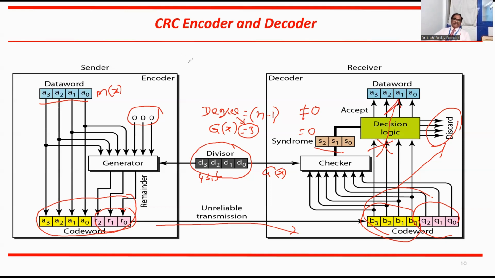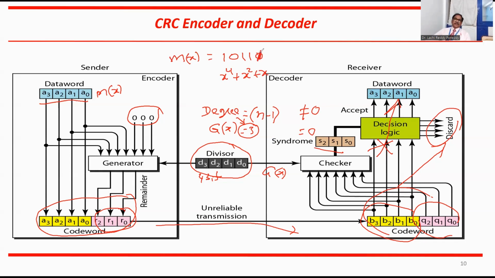Now, the message can be represented in different ways. For example, if this is the message we want to send, 10110, the same thing can be represented as x power 4 plus x square plus x.